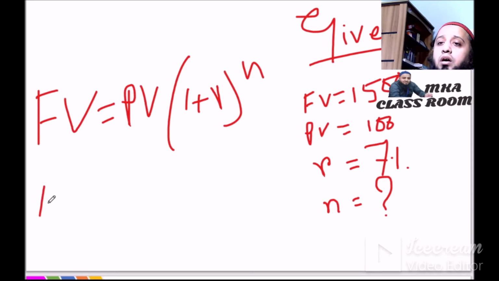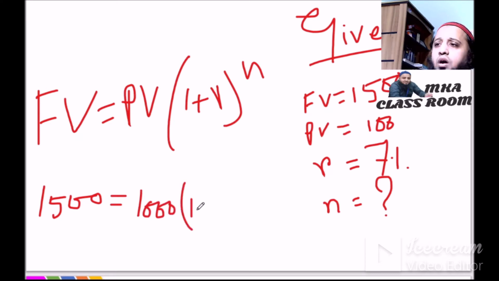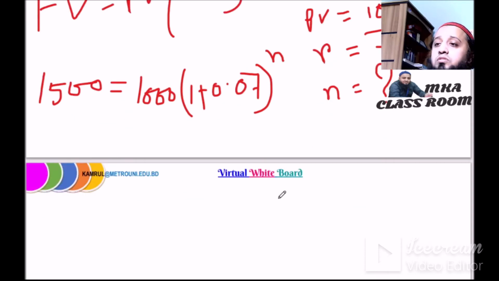1 plus 7% means 0.07. You have to remember that the interest rate should be expressed in decimal format when solving the problem.